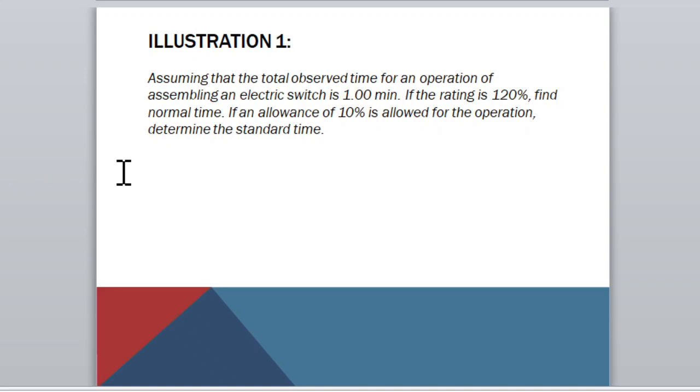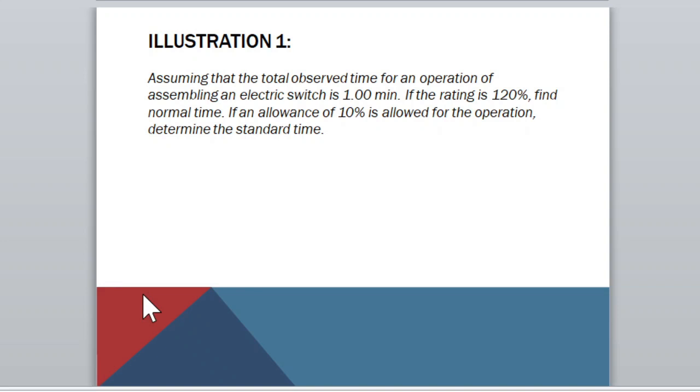What is that? 1.20 minutes. So, 1.20 minutes is our normal time.